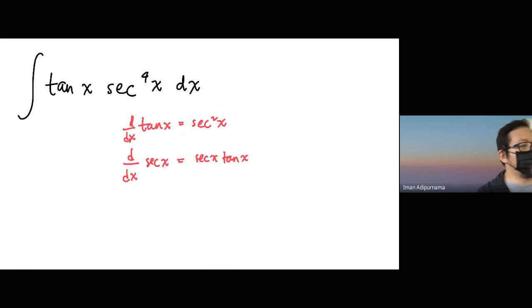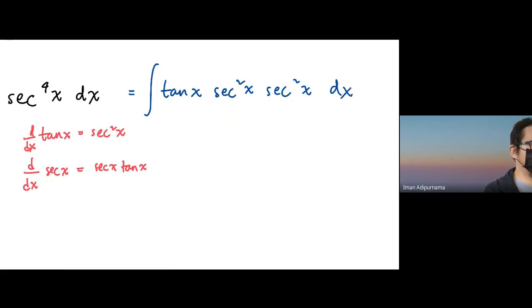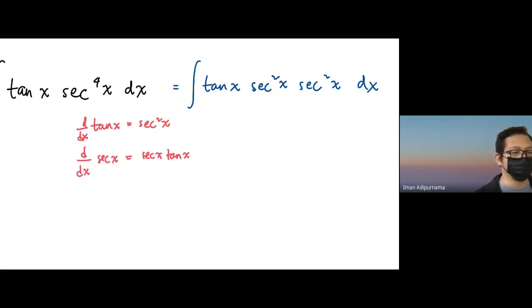So when you have the tangent x secant with power of 4, let me put the other one going down here, if we try to make it secant squared x and secant squared x, and dx like that, we may substitute.